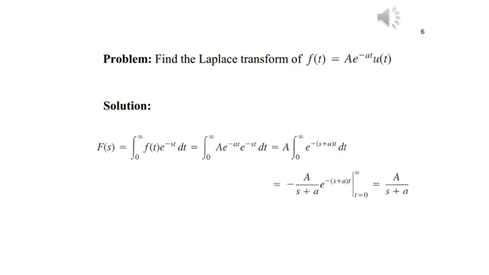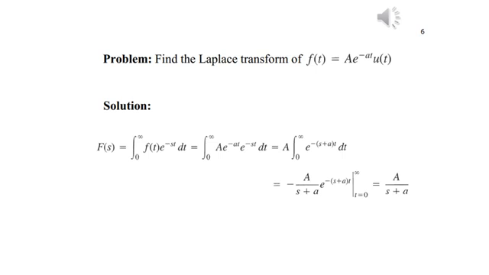Now this is an integrable function, and the answer is a times e raised to the power minus s plus a t, divided by s plus a, and the limit goes from time t equal to 0 to infinity.